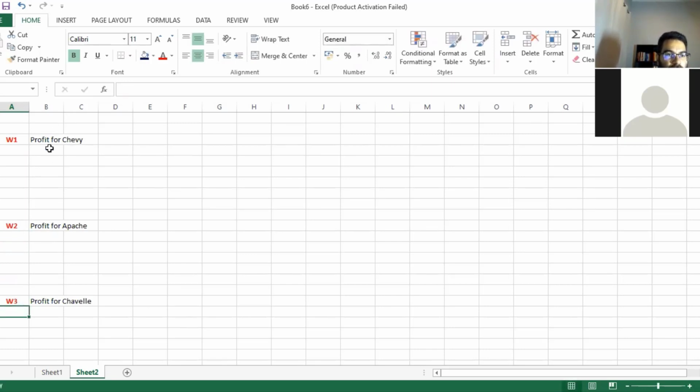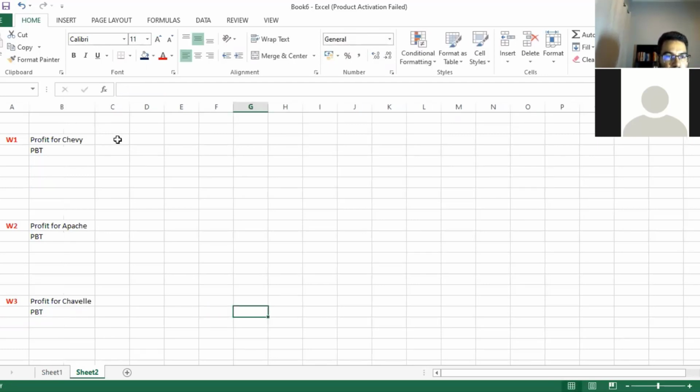What do we know? Our starting point is profit before tax. Remember, this is a working, so I'm using shorthand. I have another column where I put in the tax impact. Then I have a final column, which is my profit after tax. So I do the calculation all in one.